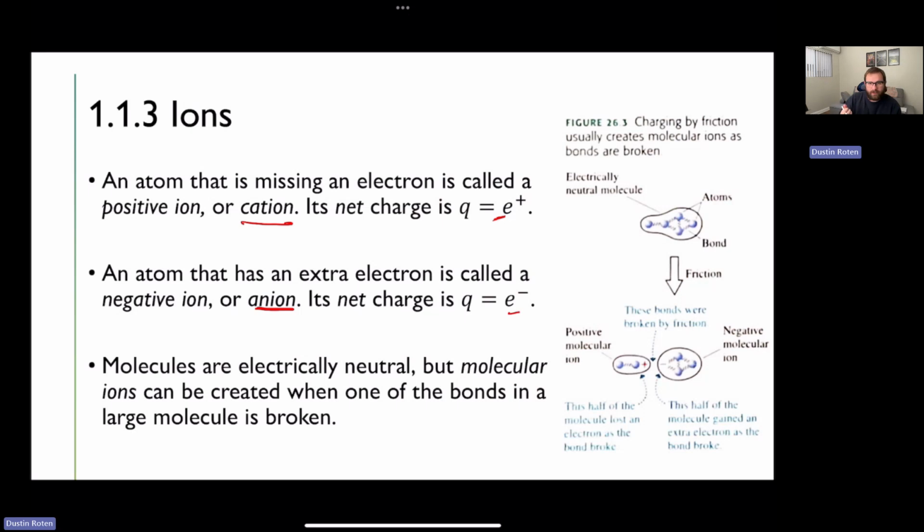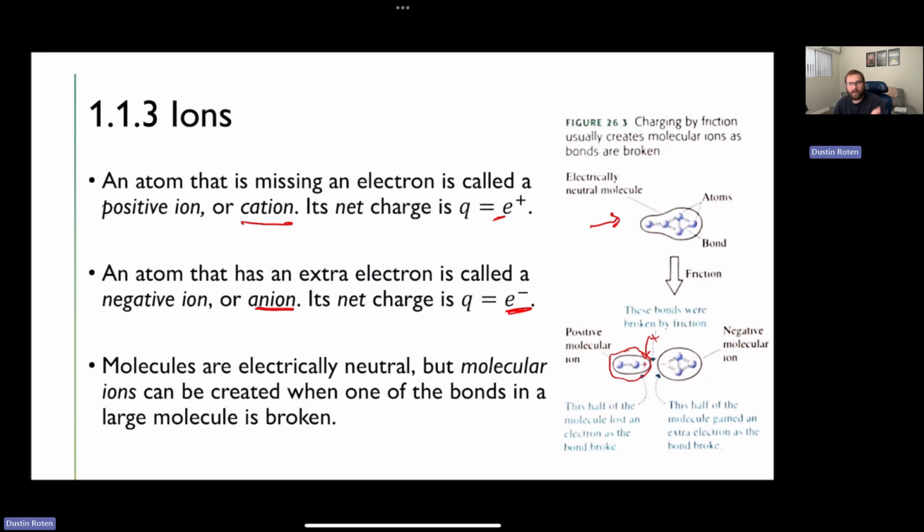Generally, molecules are electrically neutral, but you can create molecular ions if you break bonds in a very specific way. So if you imagine some sort of molecule here, essentially what can happen is you've got several bonds in here, and then by friction, if you break this molecule up, the distribution of electrons throughout could, as you slice this thing in half, isolate some of the atoms on one side, and you'll notice that there's a positive here.